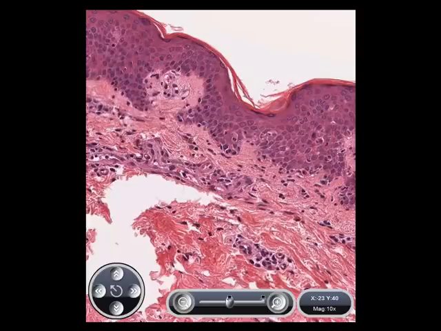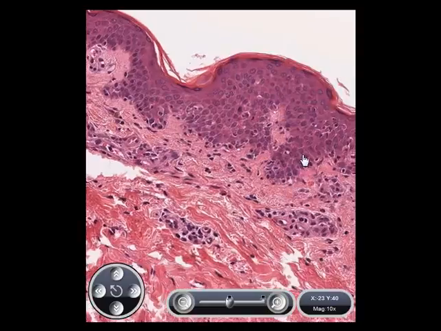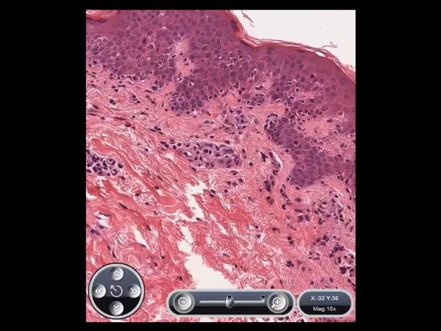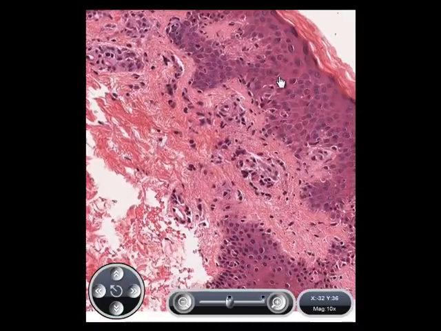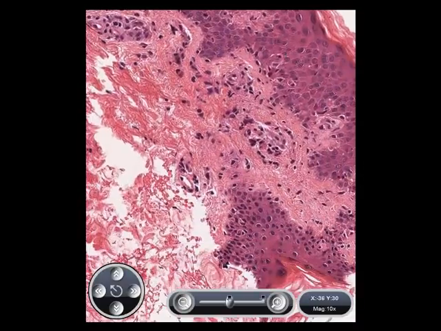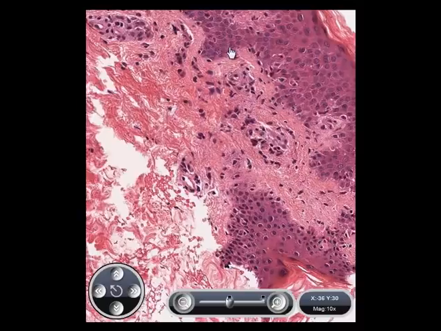One finding that is common in graft versus host disease is that these apoptotic or dyskeratotic keratinocytes can also extend down adnexal structures, and we can kind of see that at the edge of this particular specimen.